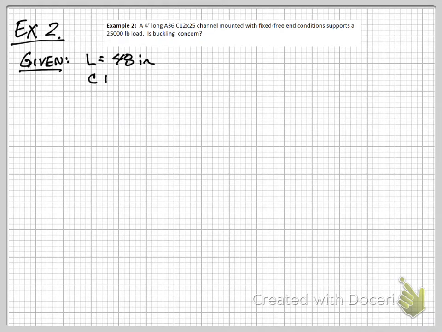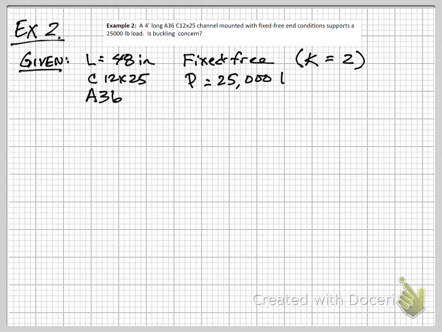It's a C12 by 25 channel made of A36 steel. The channel is mounted with fixed-free end conditions. Do you remember what K that is? There's your hint. And our load is 25,000 pounds. And the question is, is buckling a concern?